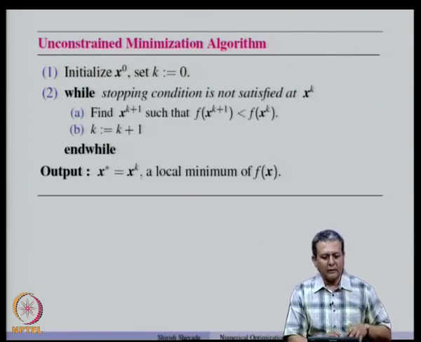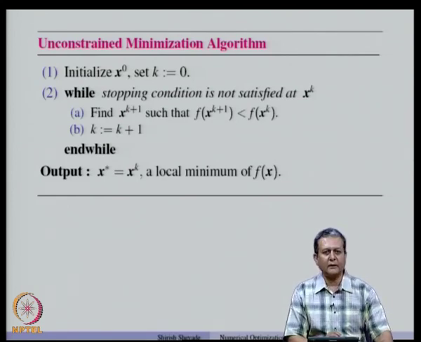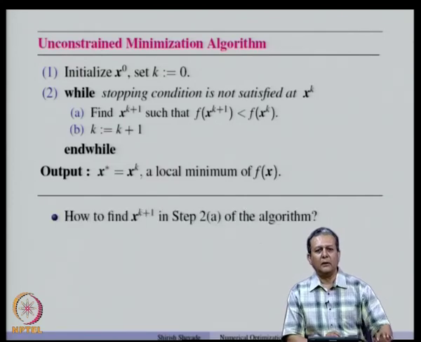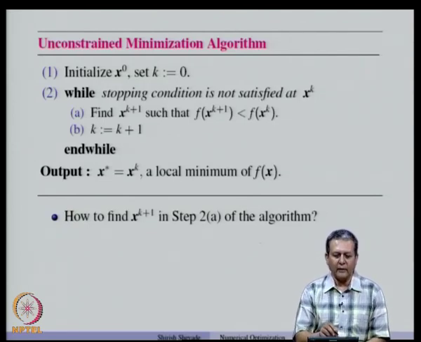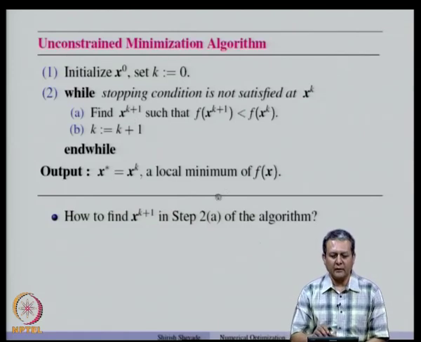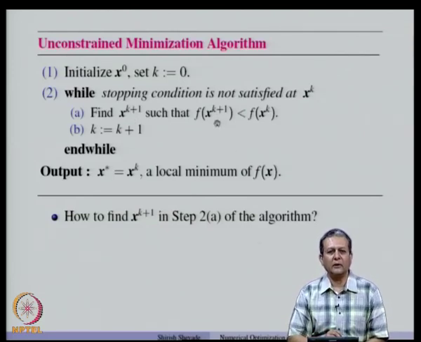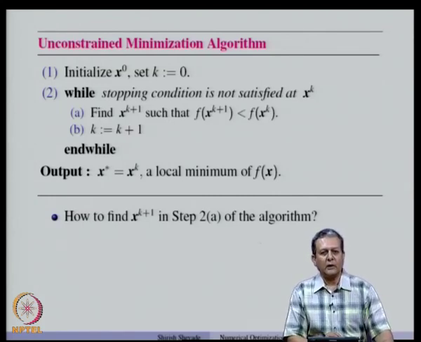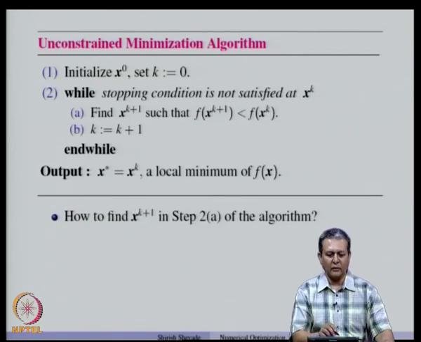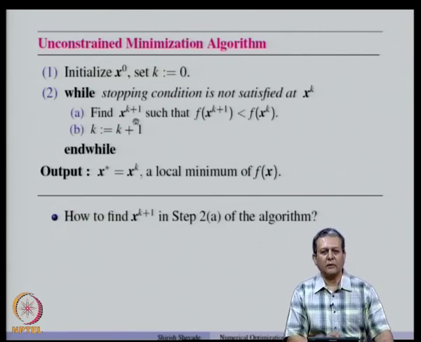Now, there are different questions that we would like to answer related to this conceptual algorithm. One of the first and most important points is how to find x k plus 1, so that the value of the function at x k plus 1 is less than the value of the function at the current point x k. This is a very important question, and many optimization methods use different strategies to find this x k plus 1.